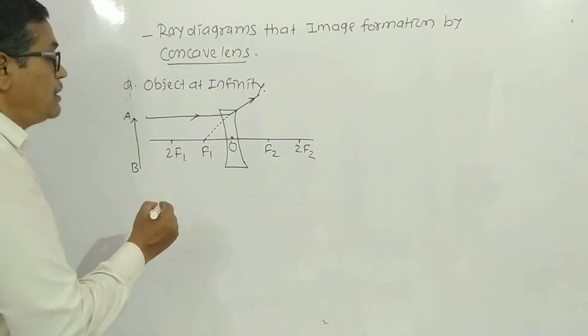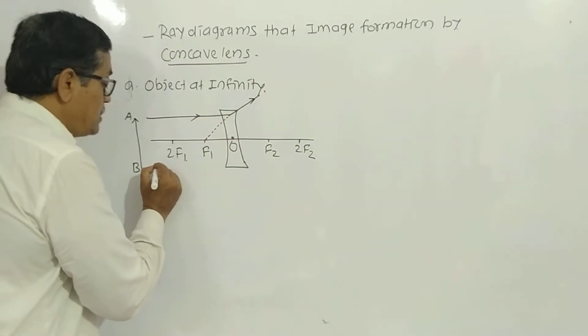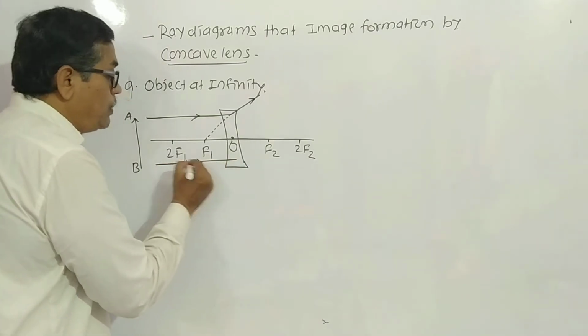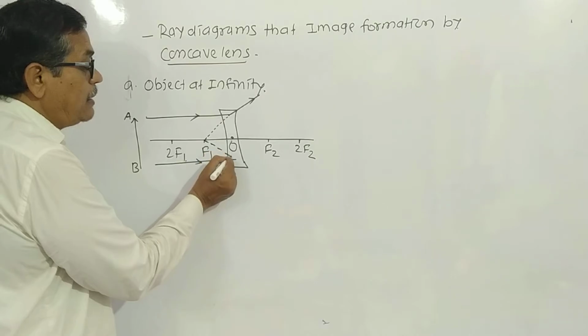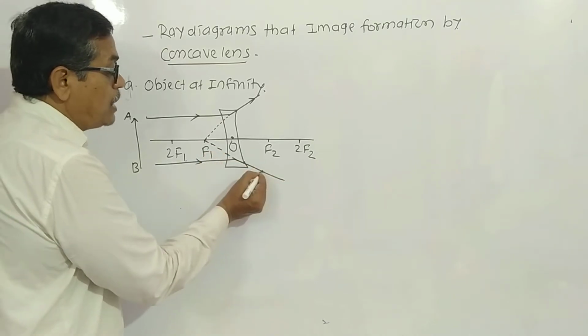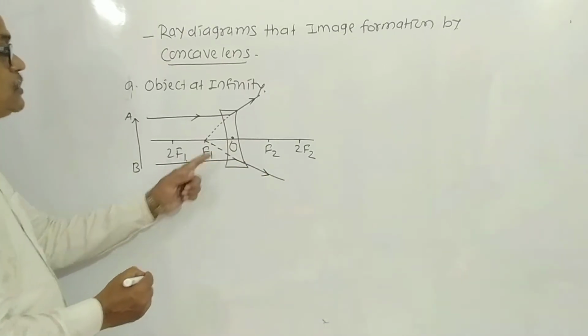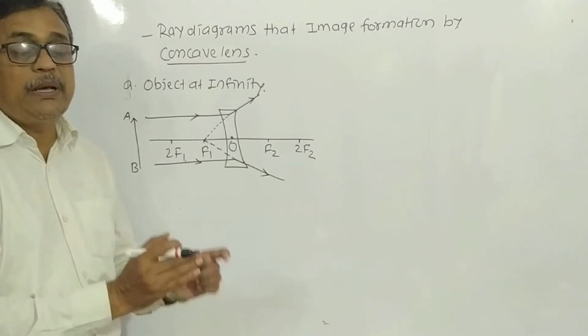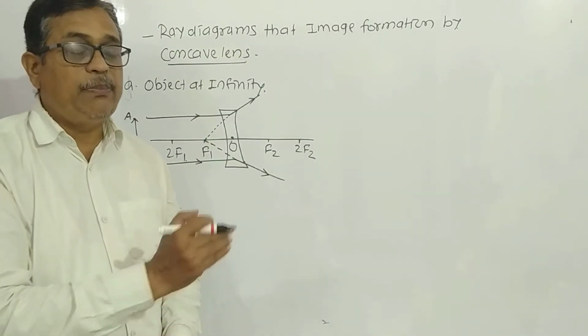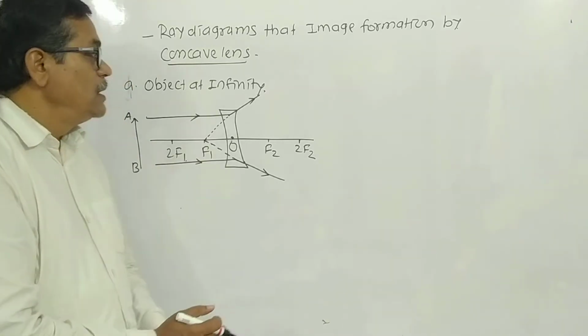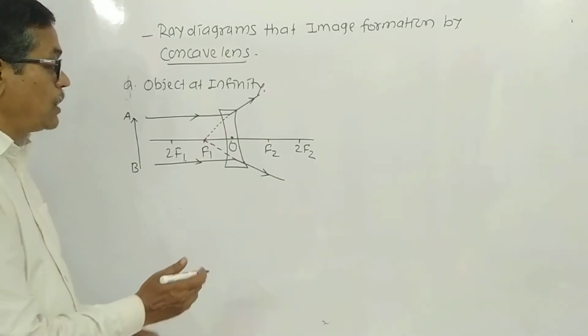Here below the principal axis also, light ray parallel to principal axis, refracted ray appears to come from the focus. Not actually, they appear to come from the focus. They are directed towards the focus.